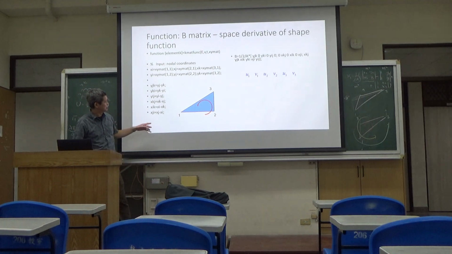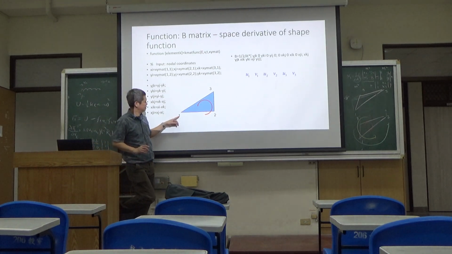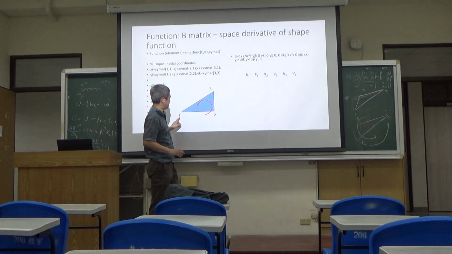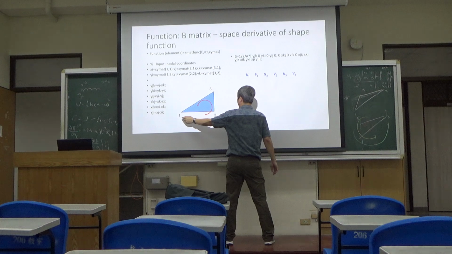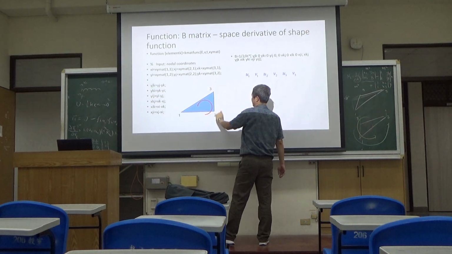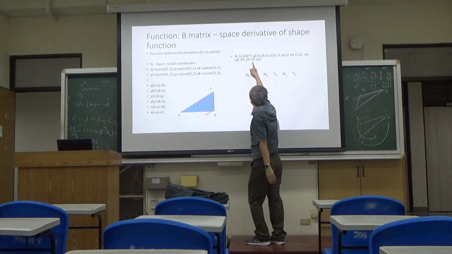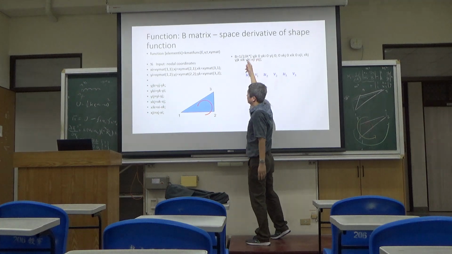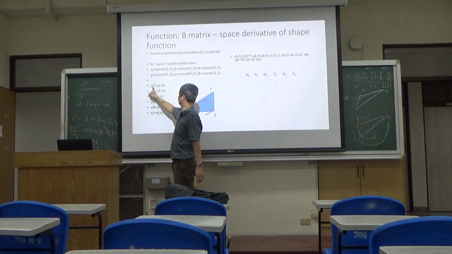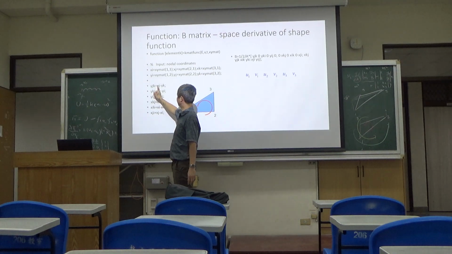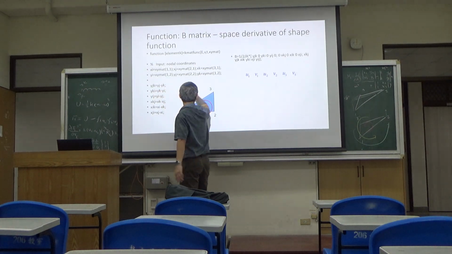How do you obtain the B matrix? Remember, node 1 I now represent as I, node 2 as J, node 3 as K. In my first entry, it is for node 1, so it is going to be yJK.